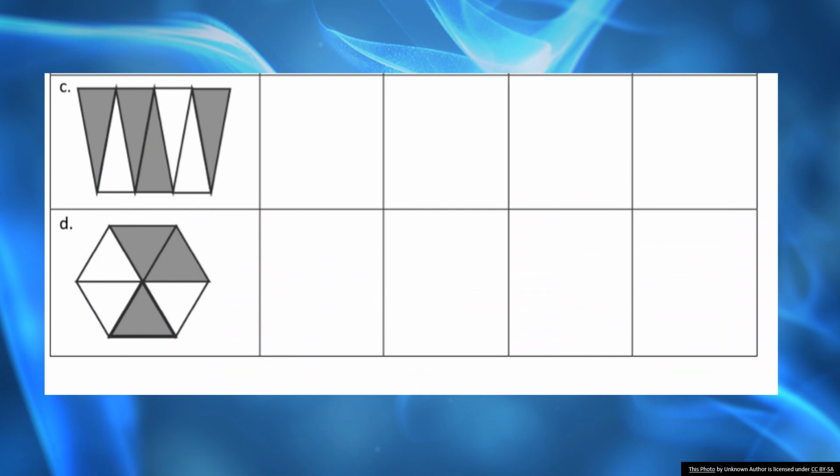Let's take a look at C. How many equal parts is C made of? If you said 7, you're absolutely correct. Now, how many of those pieces are shaded? That's right, 4 pieces are shaded.